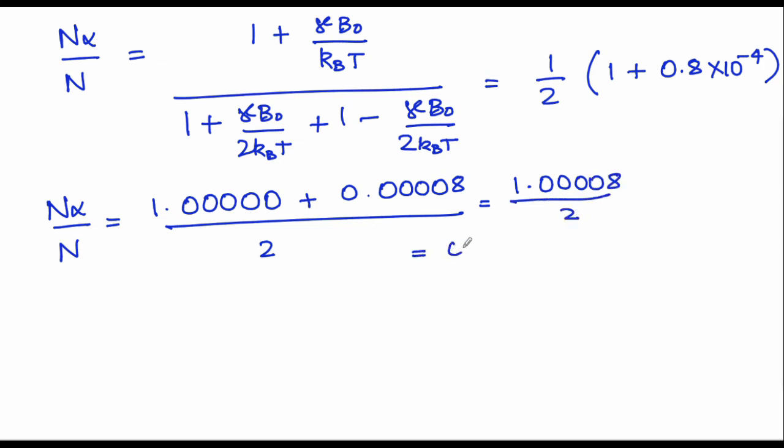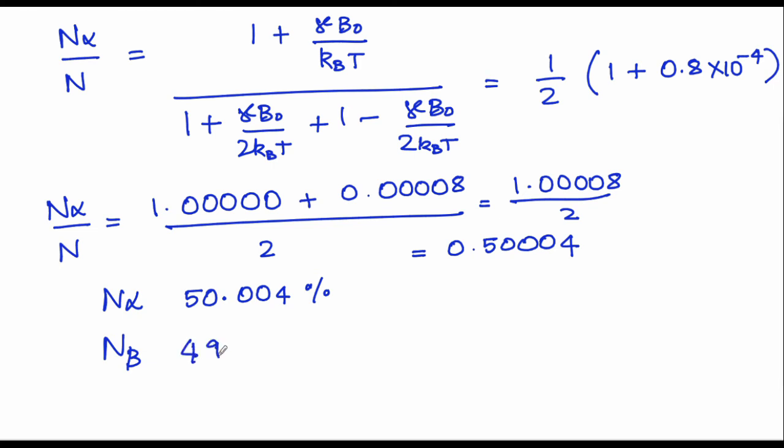That is going to be 0.50004, implying the N alpha state has about 50.004% population, and the N beta is going to be 1 minus this, 49.996%. We can actually write them as P alpha and P beta.